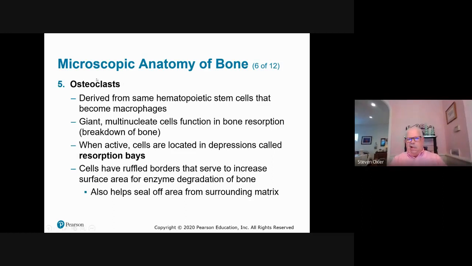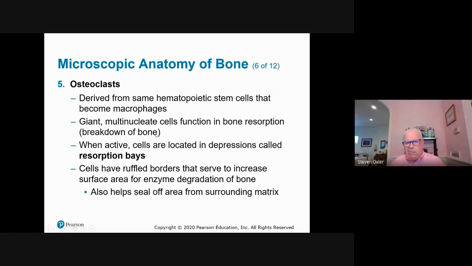Osteoclast, when you see the word clast, the C means chewing. Osteoclast, break down bone. They are actually macrophages. They're multinucleated giant cells that break down bone.